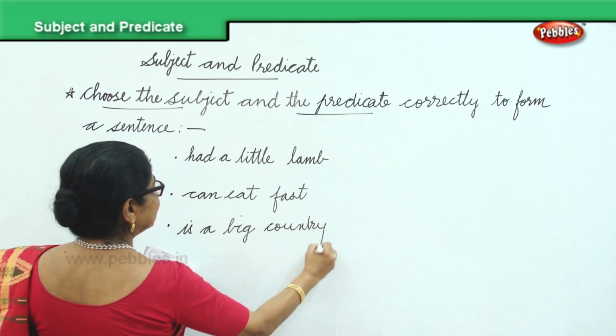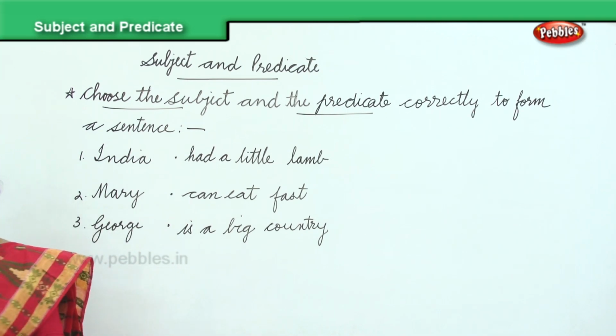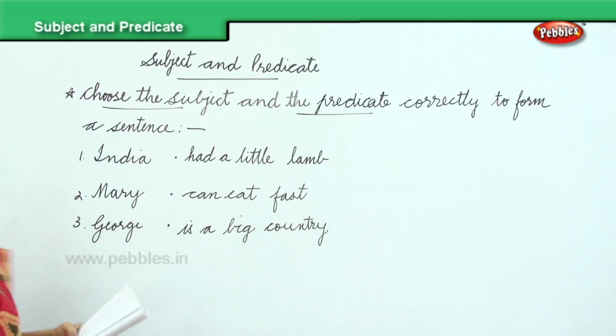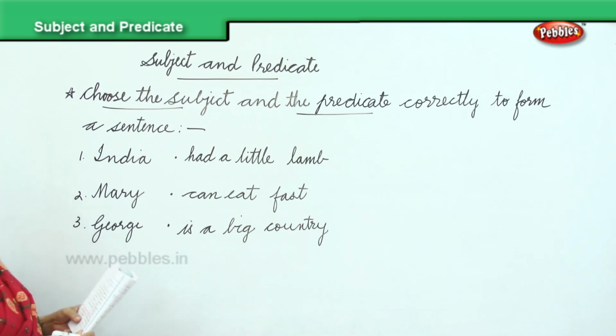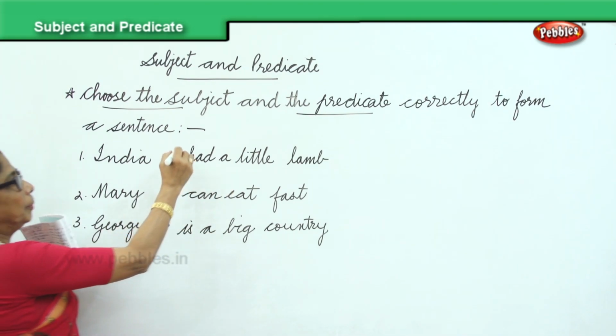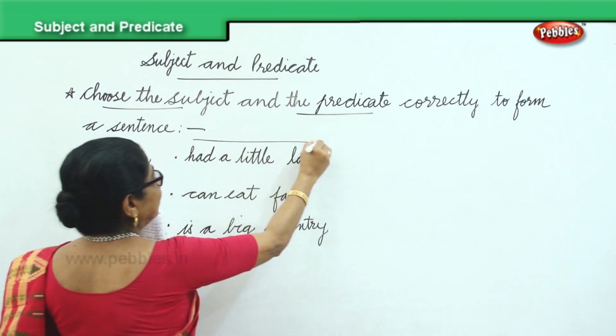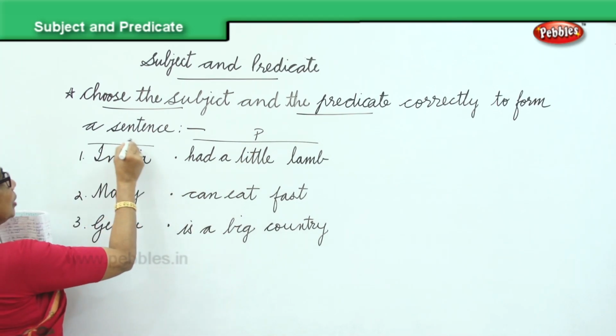Now I have two parts here. And what we are going to do, we are going to choose from here and make a complete sentence. Okay. In India, here you have the subject, here you have the predicate. So the second part is the predicate, the first part is the subject.